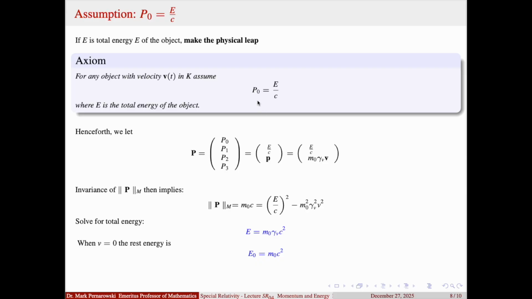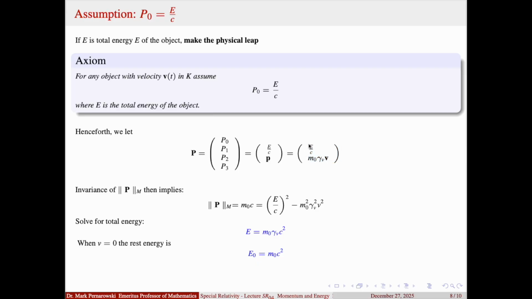Well, if the first component of the four momentum is actually now E over c, then I know that this vector has got a fixed magnitude. Namely, if I take this last expression here, it's got one component and then a three vector below with v.